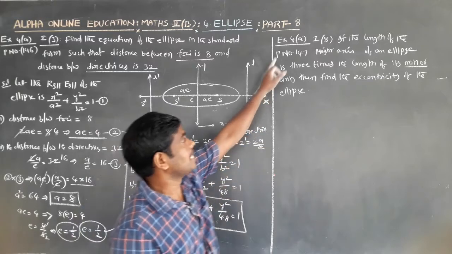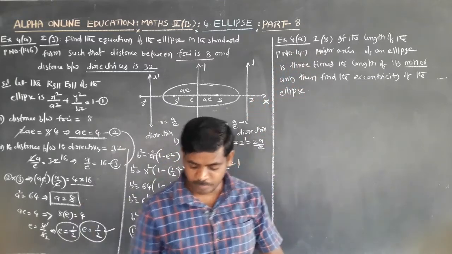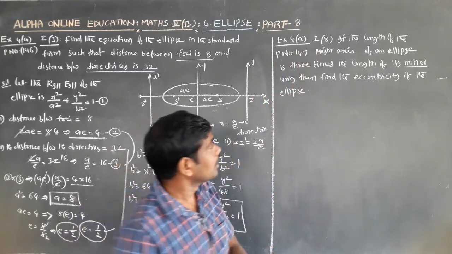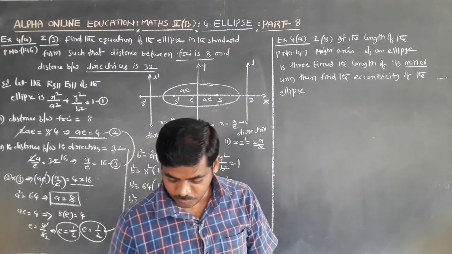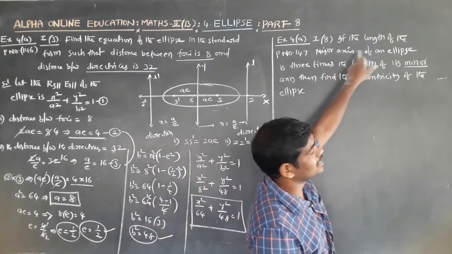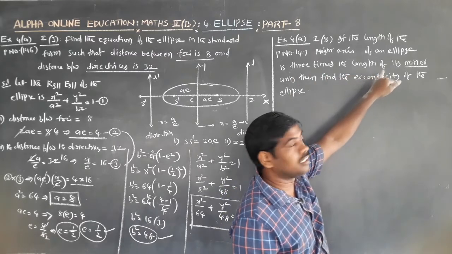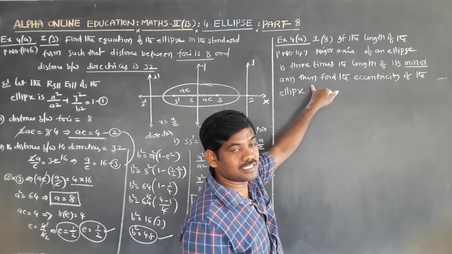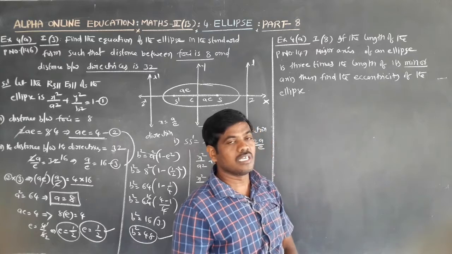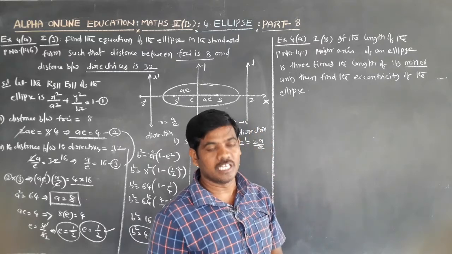Next one, exercise 4a, first bit, 8th problem. If the length of the major axis of an ellipse is 3 times the length of its minor axis, then find the eccentricity of the ellipse.